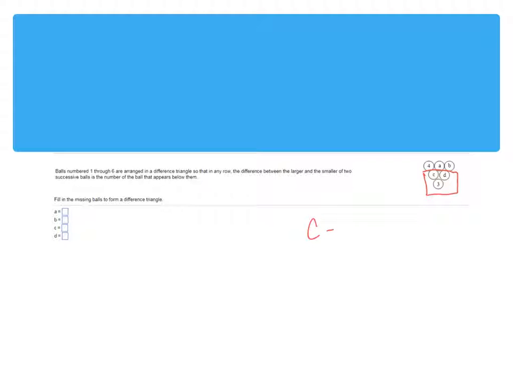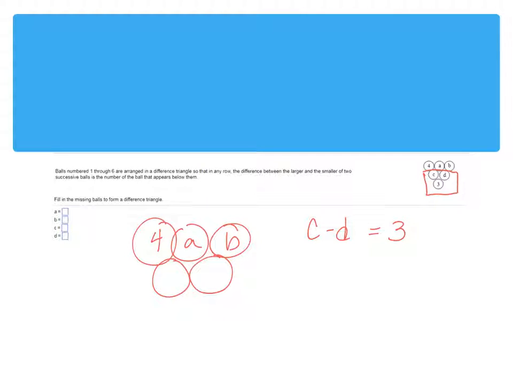I know that C minus D has to equal 3, so I'm just going to use some trial and error here. So if I've got 4, A, and B, I need the difference between the 2 numbers where C and D are to be 3. It can't be a 6 and a 3 because I've already used 3.